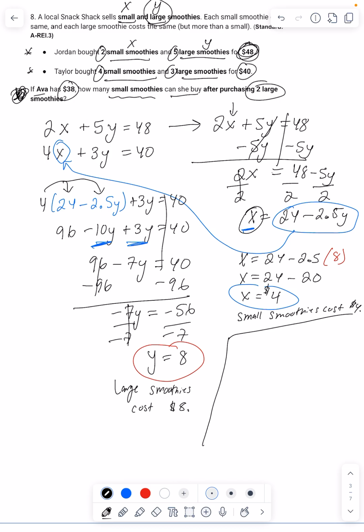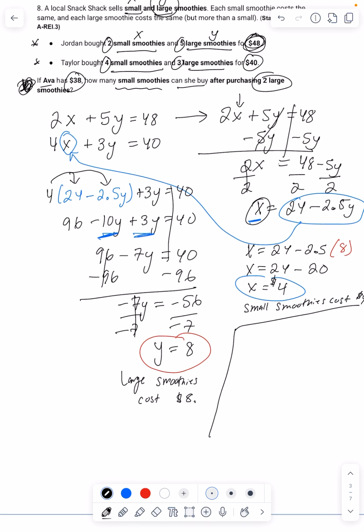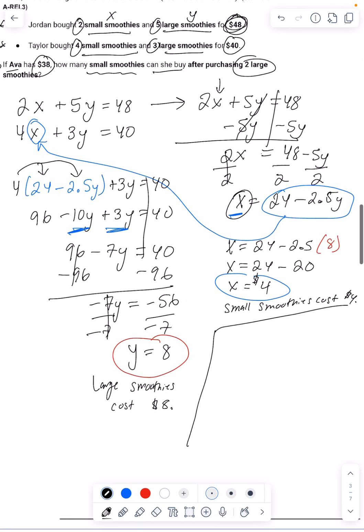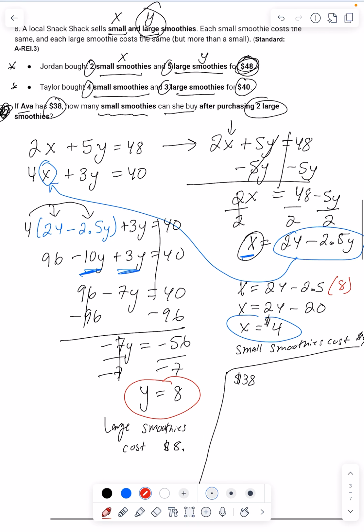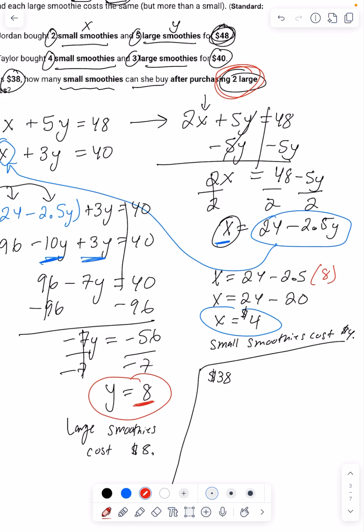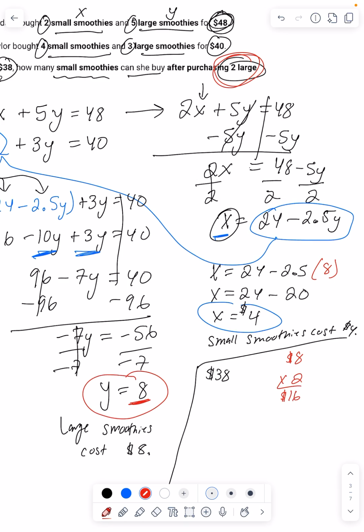However, we're trying to figure out the situation with Ava, and they told us that Ava had $38, but they also told us that she already bought 2 large smoothies. We know that the large smoothies, the Y, were $8. If each one is 8 and she bought 2, she spent $16 already.